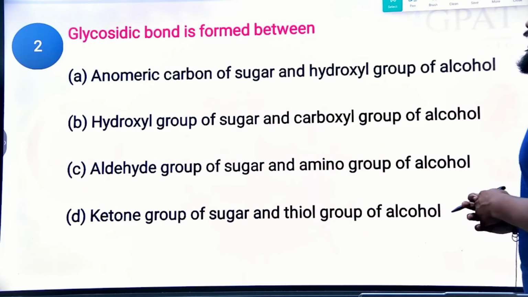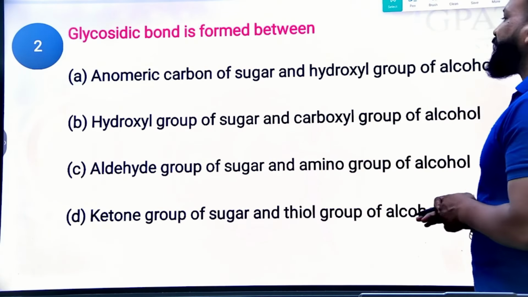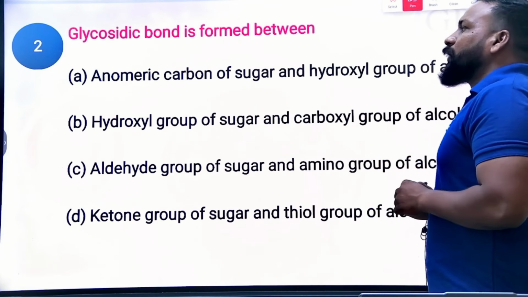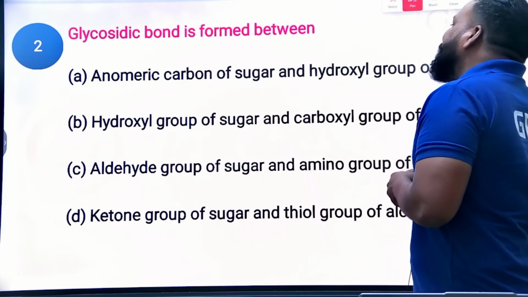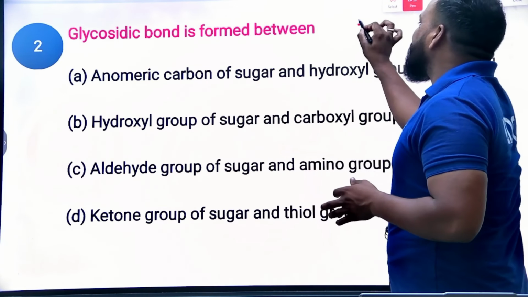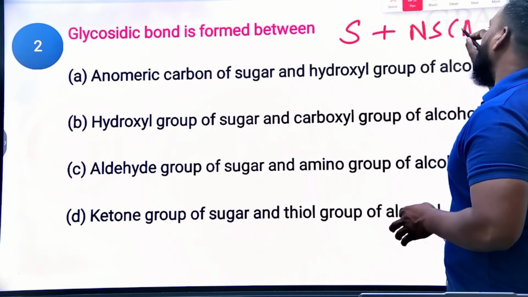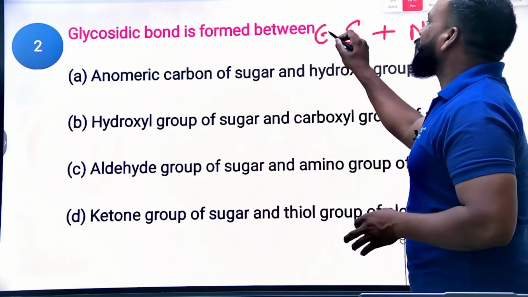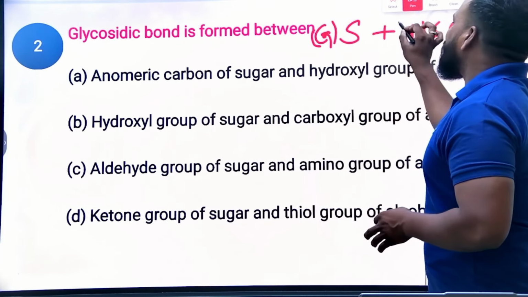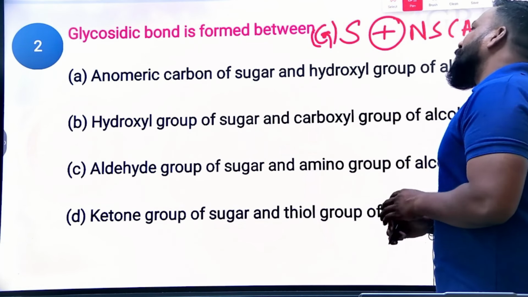Next question. A glycosidic bond is formed between... Generally, a glycoside contains a sugar moiety and a non-sugar moiety. The non-sugar moiety is known as the aglycone moiety. These two are connected by a bond called the glycosidic bond.